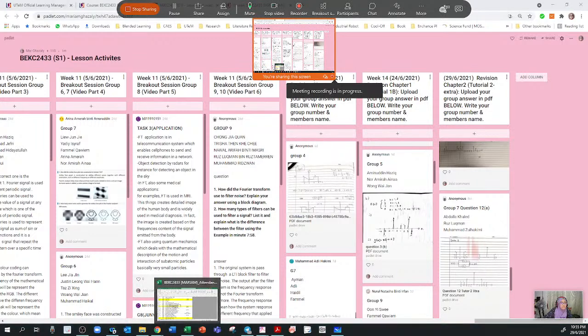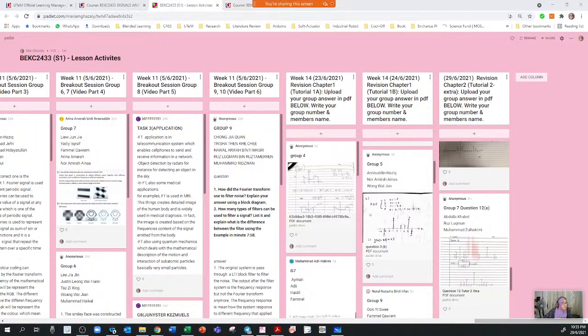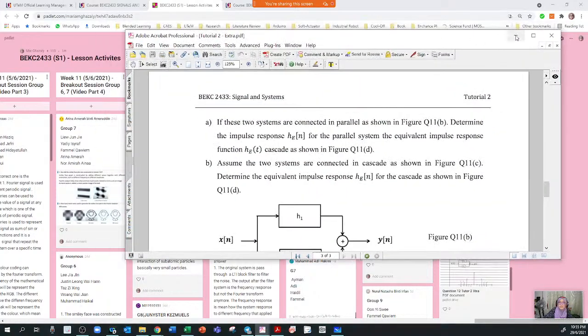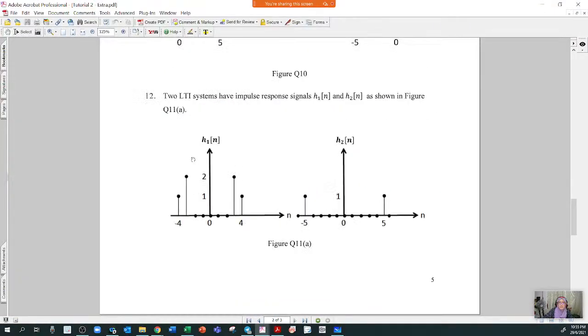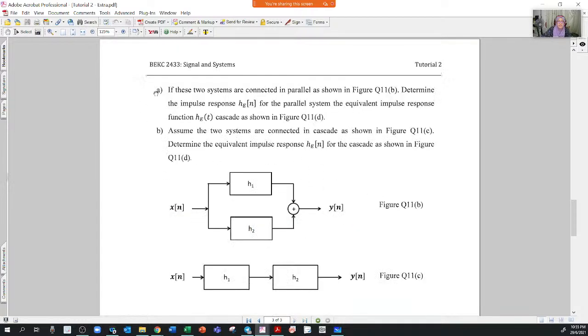Okay, so the question. Let me just show you what was the question. Okay, this is the question. You are given two signals, H1 and H2. If these two signal systems are connected in parallel, as shown in this figure, determine the impulse response HE for the parallel system.